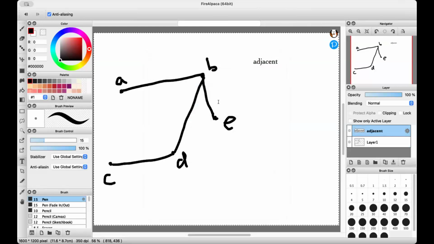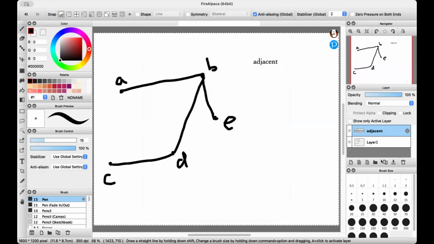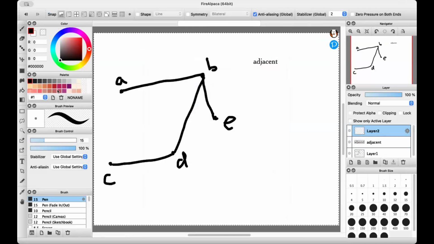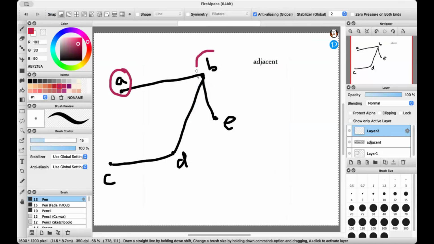For instance, A and B are adjacent because they're endpoints of the same edge. B and E are adjacent because they're endpoints of the same edge, but we wouldn't consider A and E to be adjacent.